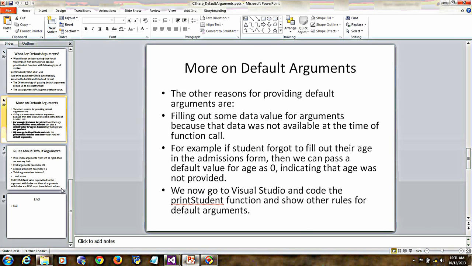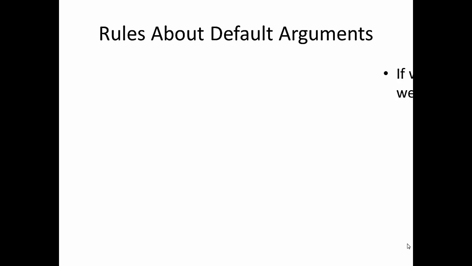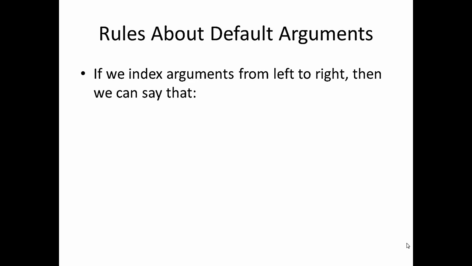So let's go to this slide here. There are some rules about default arguments, and I want to emphasize this indexing system in computer science. It doesn't matter what you're dealing with.